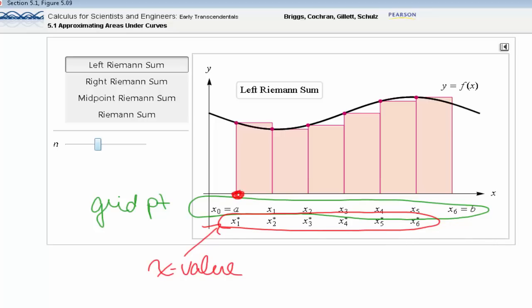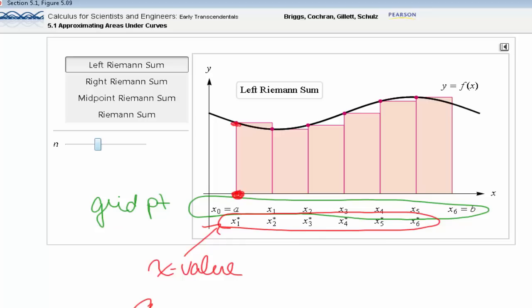We call it A because it's the farthest thing to the left. We call it x sub 0 because it's the first edge of the first rectangle, so it's the first grid point. And we call it x sub 1 star because it's the x value we're going to use to plug into the function for the height of the first rectangle. And all of those things mean the same darn point. What do you think of that? Are you on board with me so far?